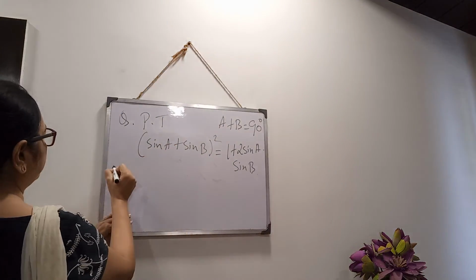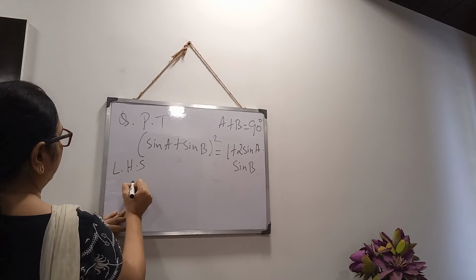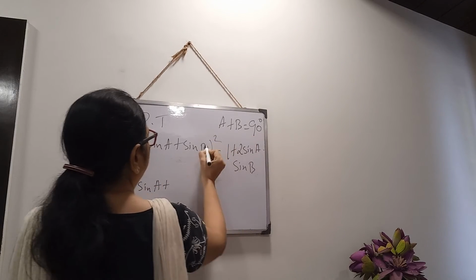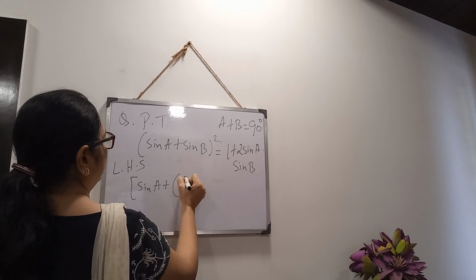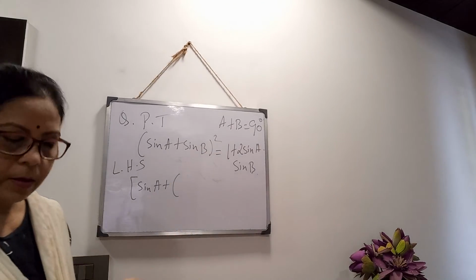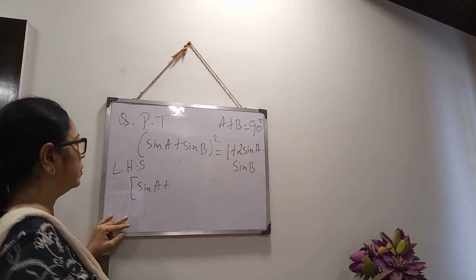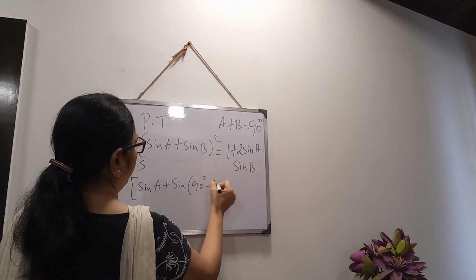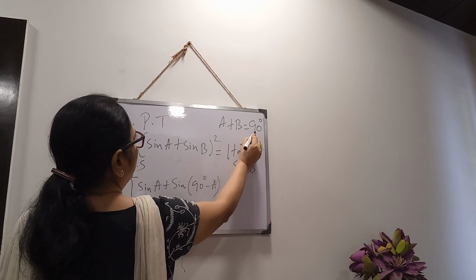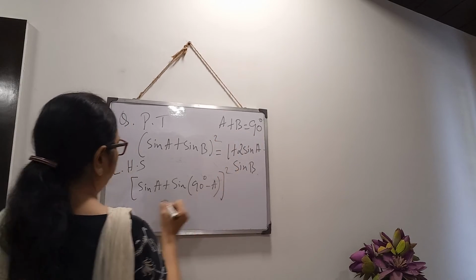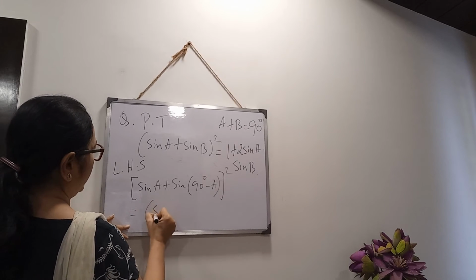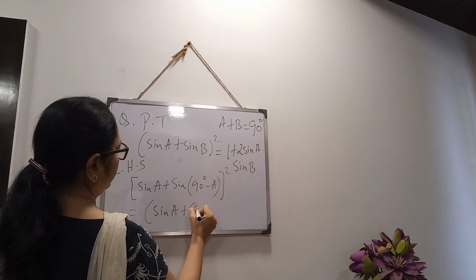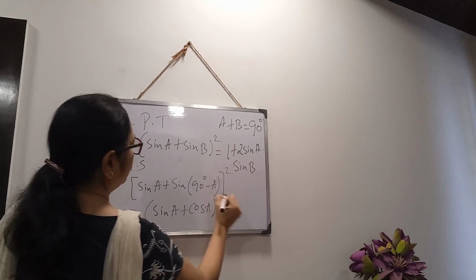Now from the left hand side I am starting. Sin A plus sin B, whole square. Now convert B in terms of A. We can write B equals 90 minus A, so sin 90 degree minus A, whole square. Now it is coming sin A plus, again the formula, sin 90 minus A means cos A, whole square.